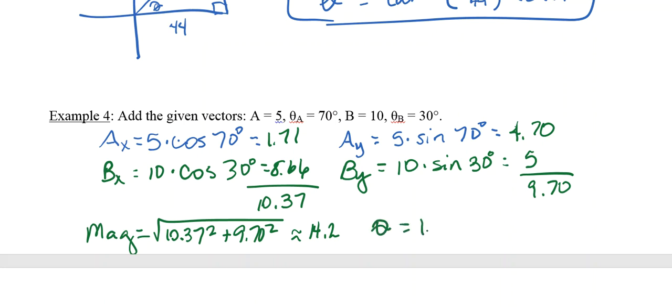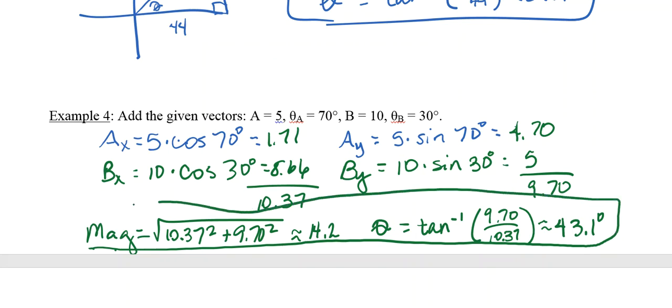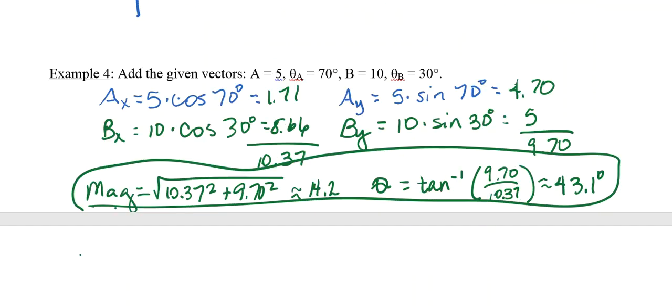And for my direction, inverse tangent of 9.7 over 10.37, approximately 43.1 degrees. Okay, so you've seen that a couple times. Hopefully that's getting easier.